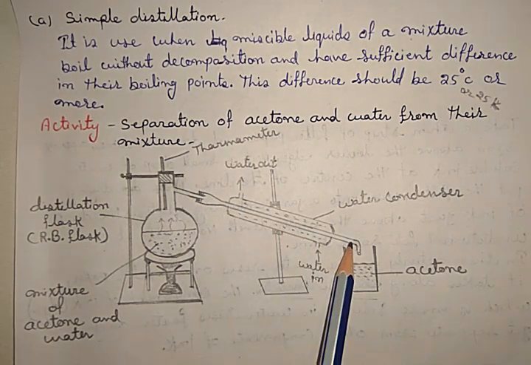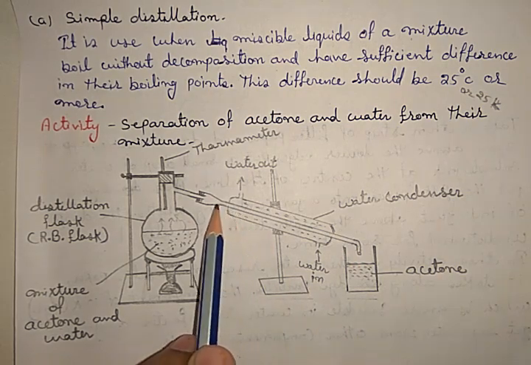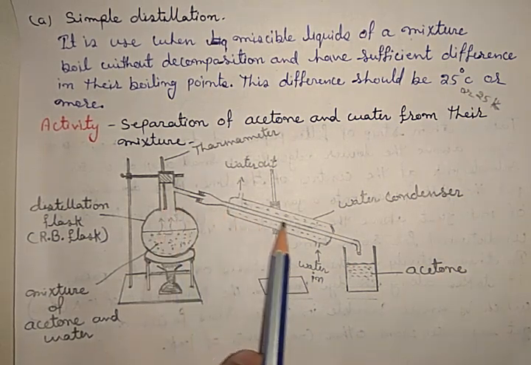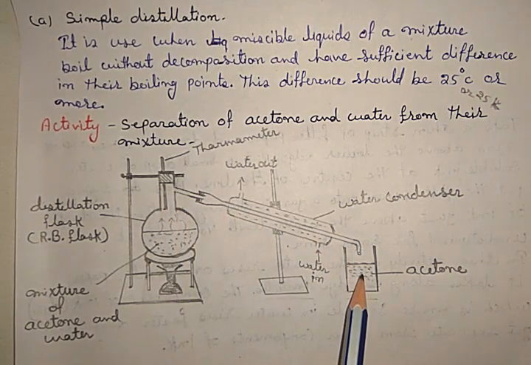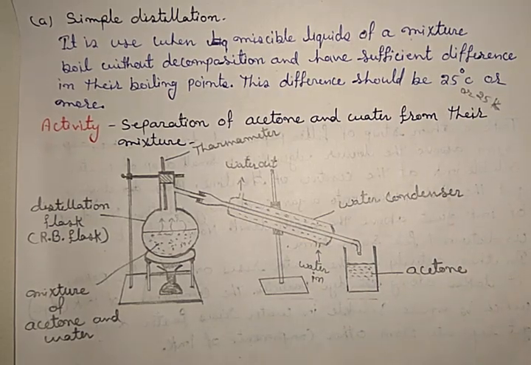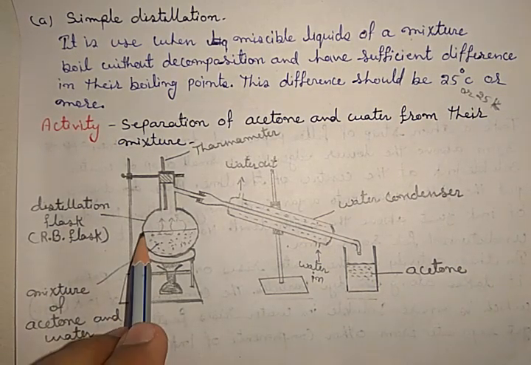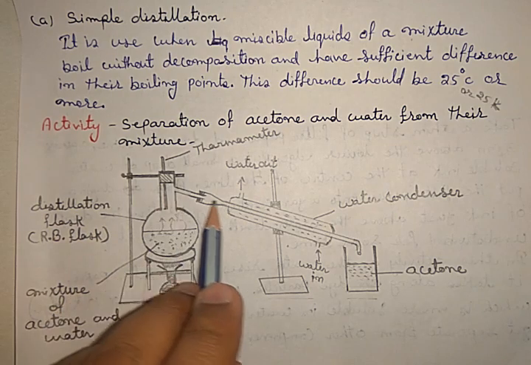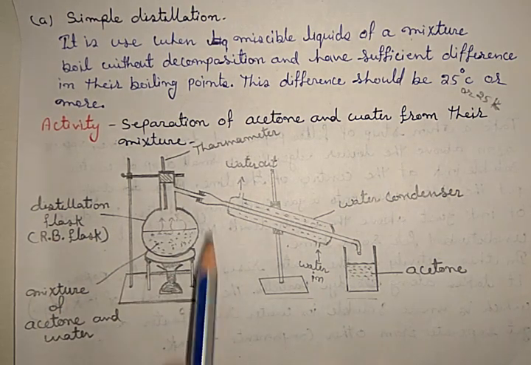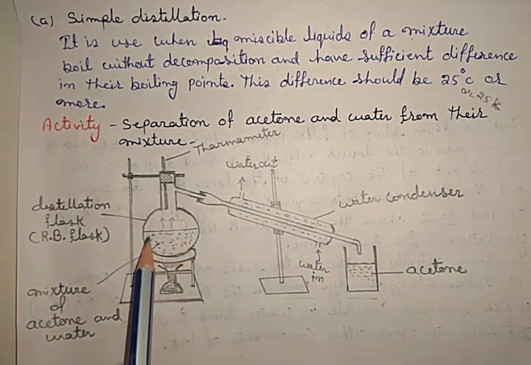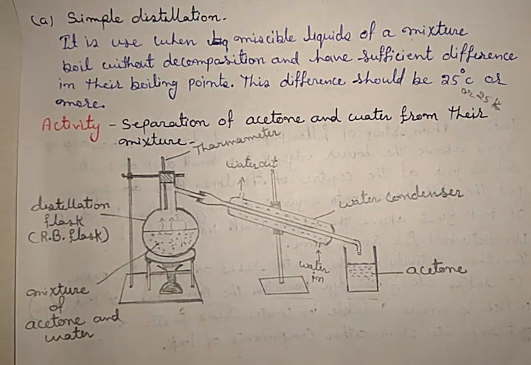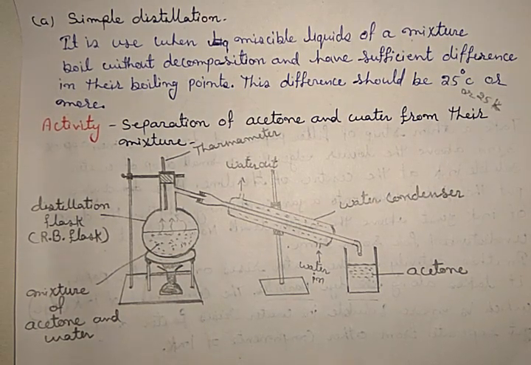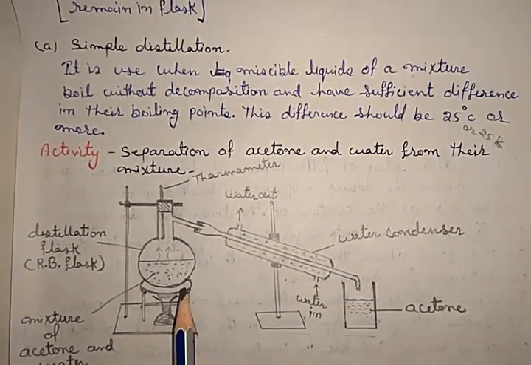Since it is tilted, the acetone cannot come back here, so it comes downside and collects here. When all the acetone is collected here, the water remains in this flask. Got it? Now let me read its theory.